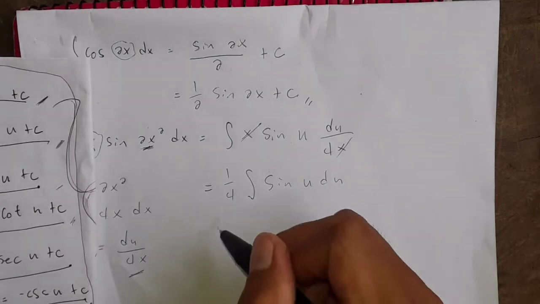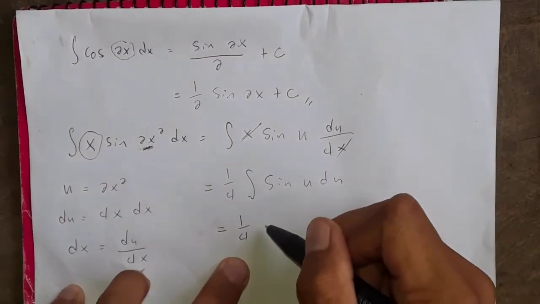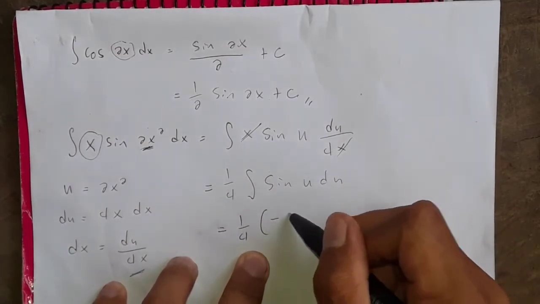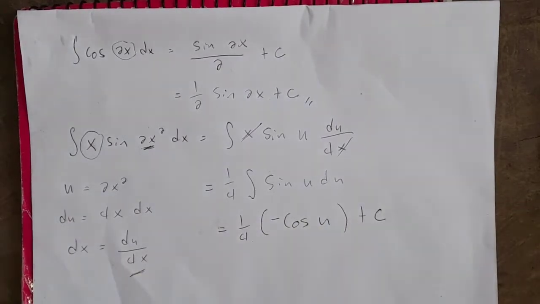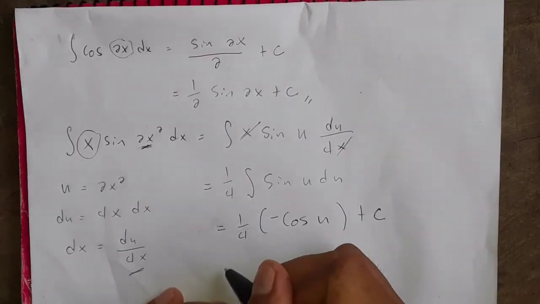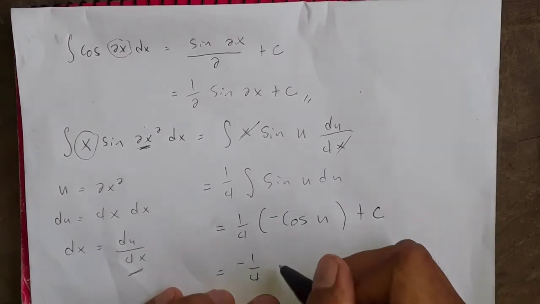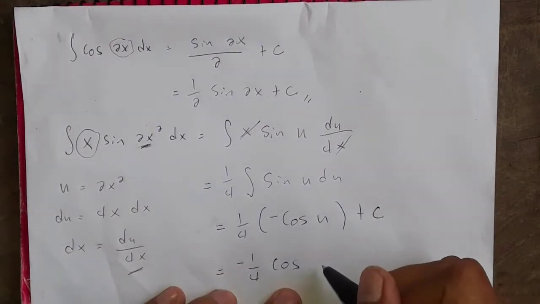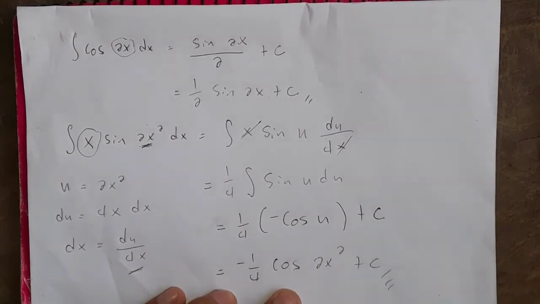So 1/4 times the integral of sine u du is equal to negative cosine of u plus an arbitrary constant. By simplifying, it would be equal to negative 1/4 of cosine of 2x squared, where u is equal to 2x squared, plus an arbitrary constant. So that's our final answer.